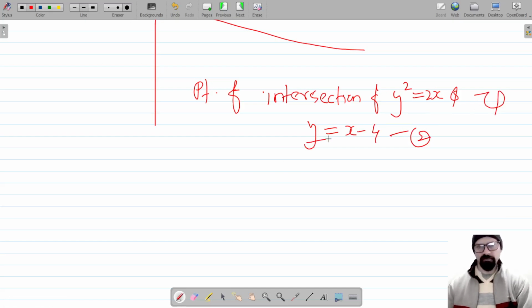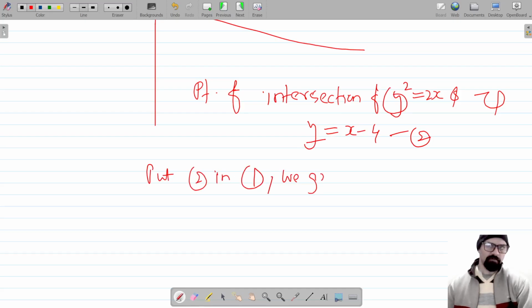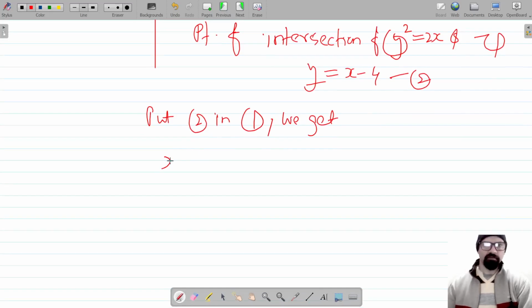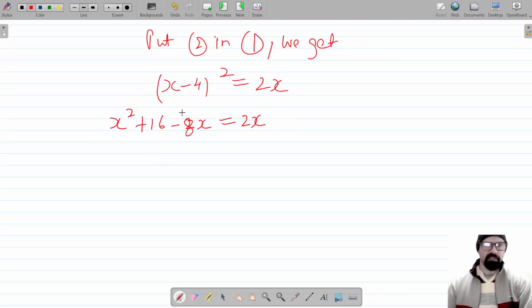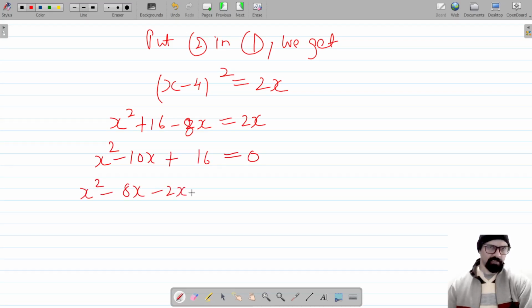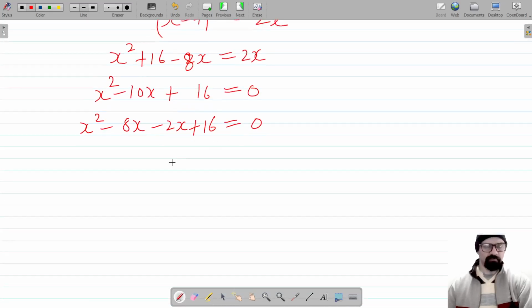So I'm going to put the value of y here in 1. So put 2 in 1, we get x minus 4, the whole squared, is equal to 2x. So this is x squared plus 16 minus 8x is equal to 2x, and x squared minus 10x plus 16 is equal to 0, which gives me x squared minus 8x minus 2x plus 16 is equal to 0.